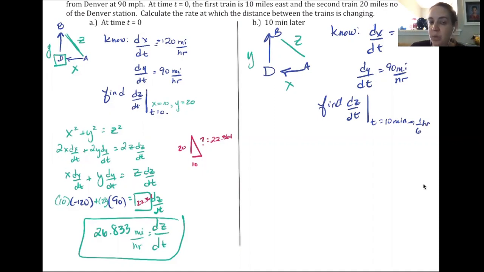If I'm dealing with 1/6 of an hour, and our westbound train is 120 miles per hour, then 120 times 1/6 is going to be 20. So this train has traveled 20 miles west. We're going to come back to that in a second. And then the second one, well, let's do this.